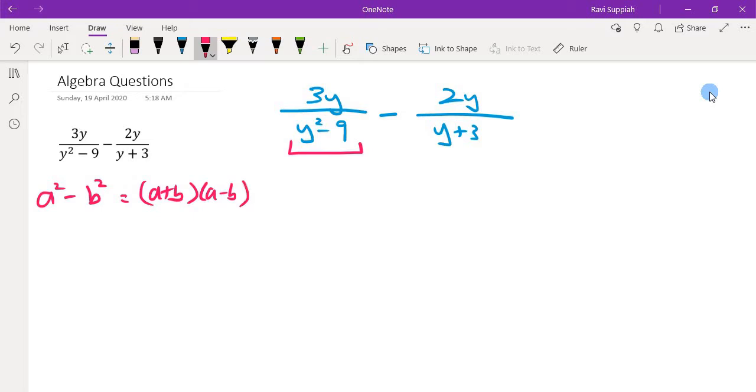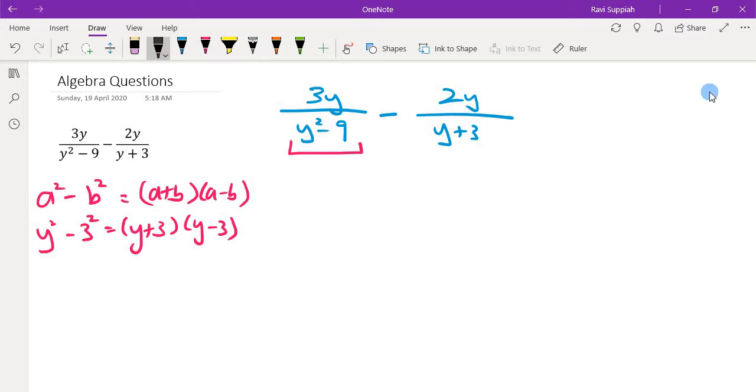So in our case, y squared minus 9 is actually y squared minus 3 squared, correct? So you can factorize it to y plus 3 and y minus 3.